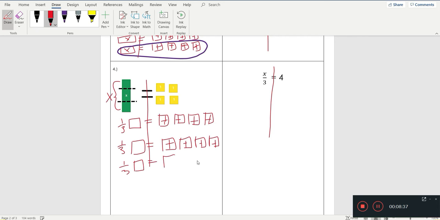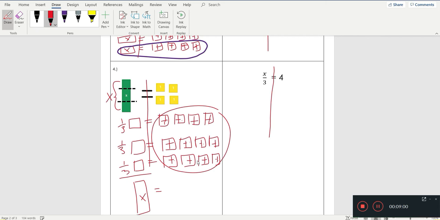And we have here positive, positive, positive, and positive. So 1/3 plus 1/3 plus 1/3 is equals to what? 1 whole, right? Or the whole x. So therefore, how many did I add here? Let's count. 1, 2, 3, 4, 5, 6, 7, 8, 9, 10, 11, 12. So the answer should be 12.